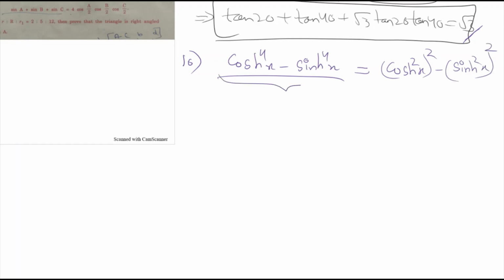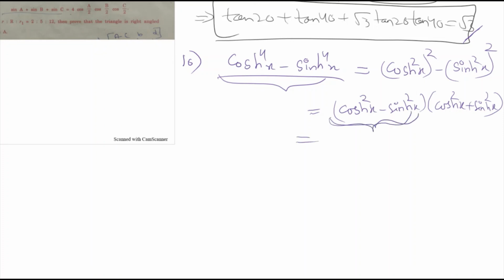I'm writing this in the form of a square minus b square, that equals (cos h square x minus sin h square x) into (cos h square x plus sin h square x). So a square minus b square equals a minus b into a plus b. This is equal to 1. This is the identity of the hyperbolic function, which equals 1, and this is cos h square x plus sin h square x, which equals cos h 2x.